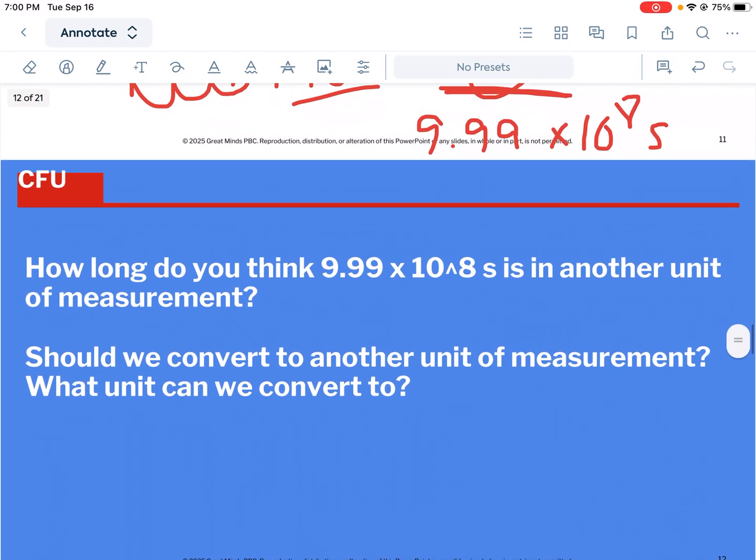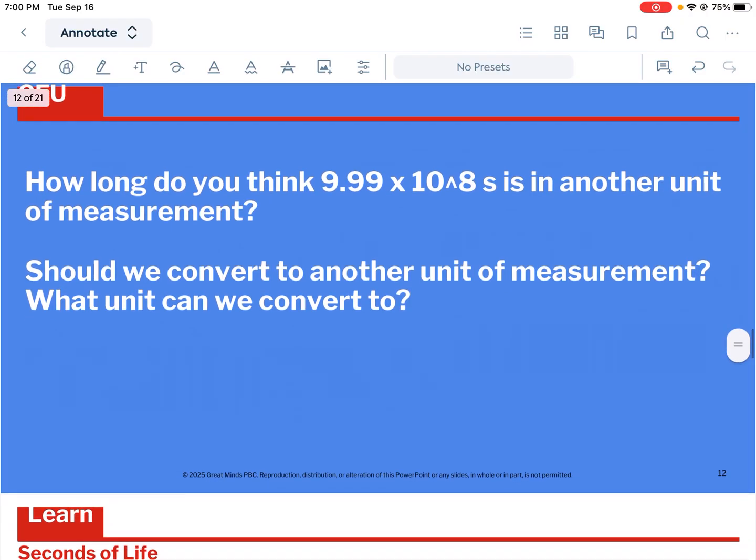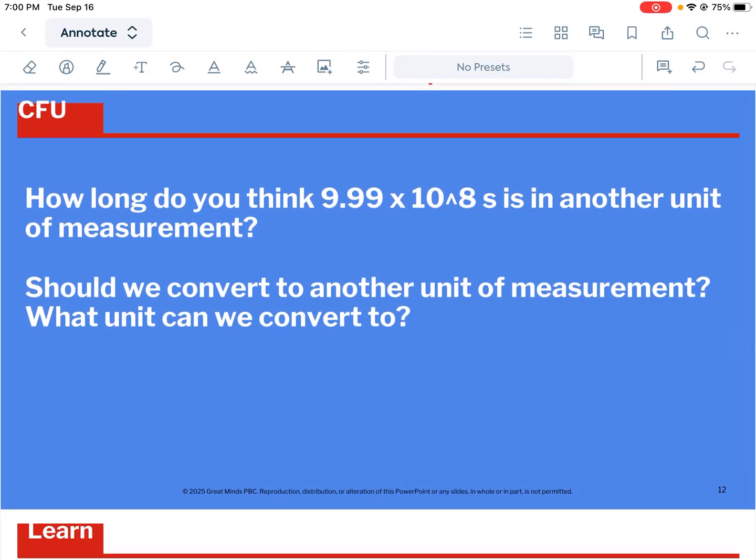Moving along. Here, take a second to pause and just let this marinate on your mind. Take a second to think on how long 9.99 times 10 to the 8 seconds is in another unit of measurement. Meaning, how many minutes might that be? Or how many hours? How many days might that be?